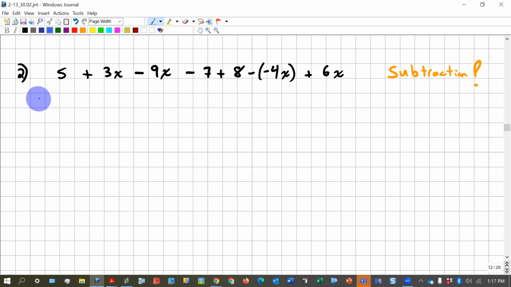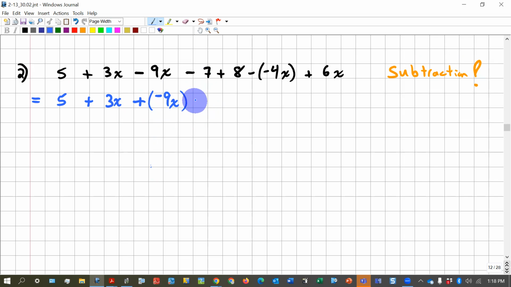So first, we need to change every subtraction into adding the opposite. So we copy down the 5, we copy down the plus 3x, but then subtracting positive 9x is the same thing as adding negative 9x. And again, some instructors might require you to put the negative 9x in parentheses.